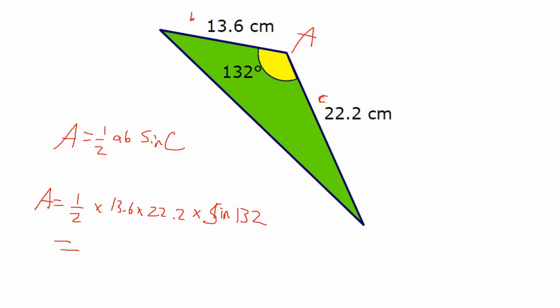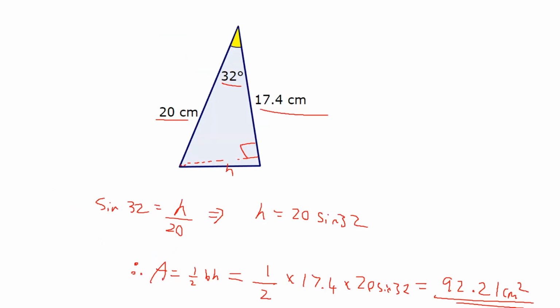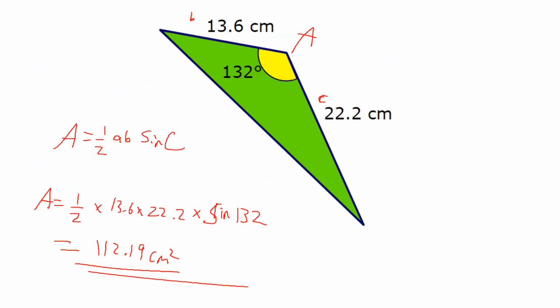Okay? And when we plug that into our calculator, we are given an answer of 112.19 centimeters squared. So here are two methods you can use to work out the area of a scalene triangle.